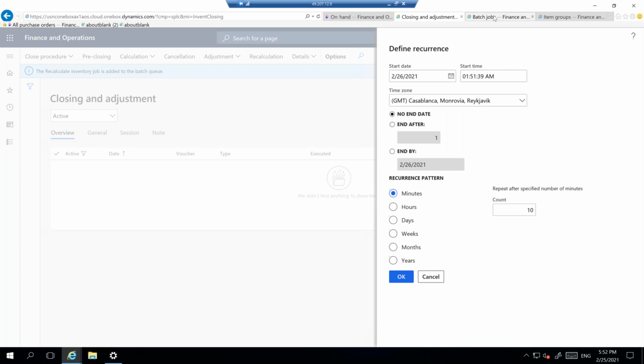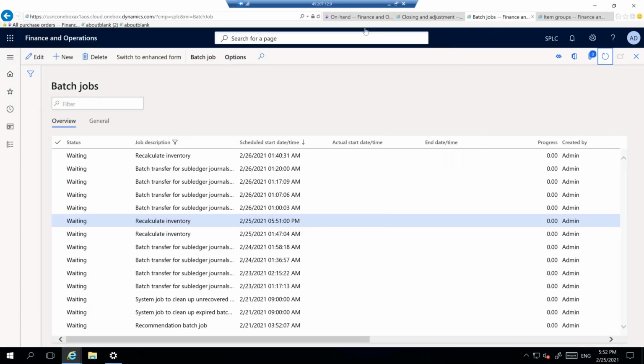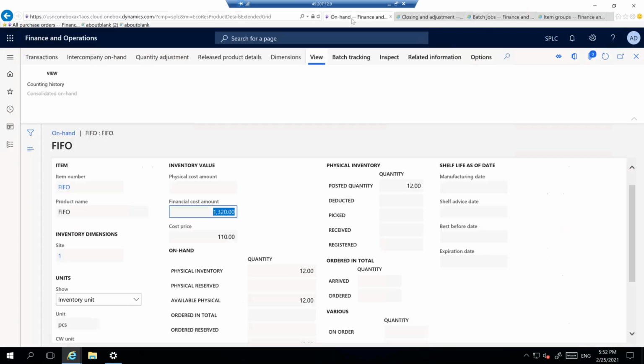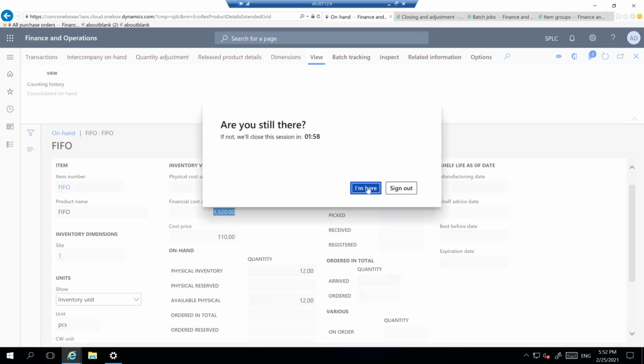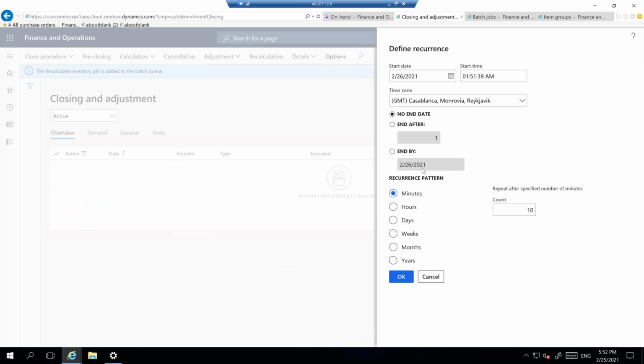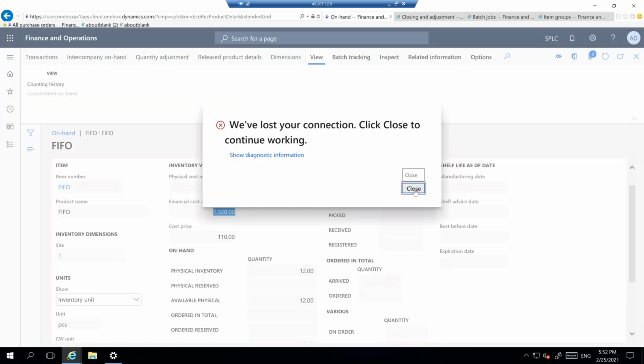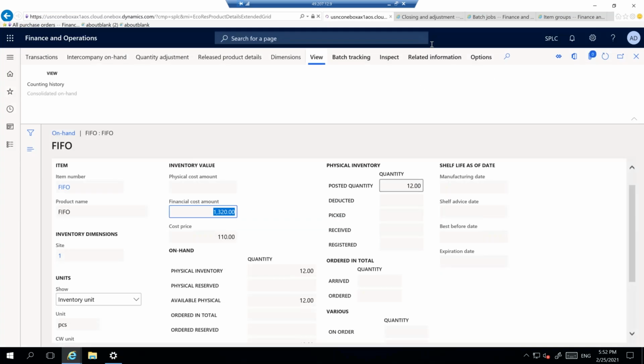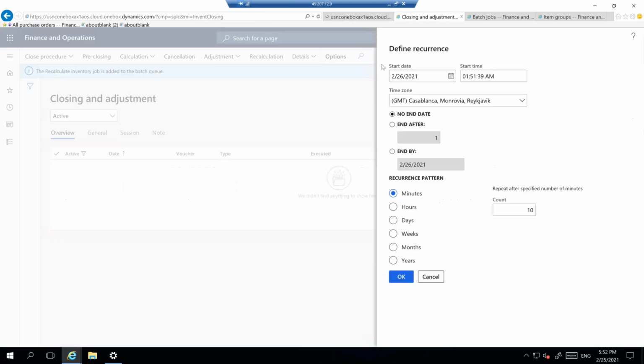I'm sorry, I'm not able to show you immediately, but the impact is, if you update this inventory closing and adjustment and that process is executed, what happens? Whatever the difference is, $80, will be posted to one account.